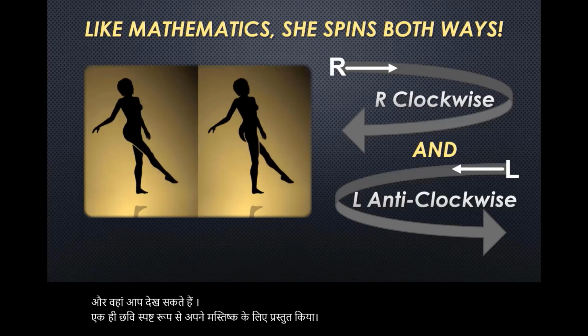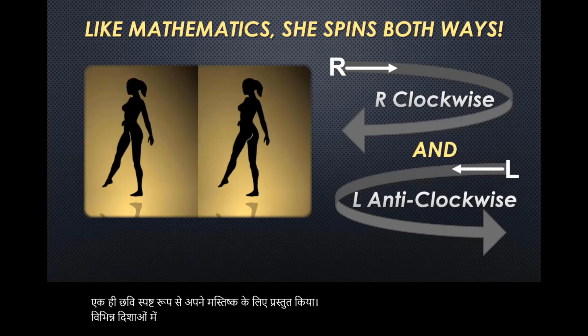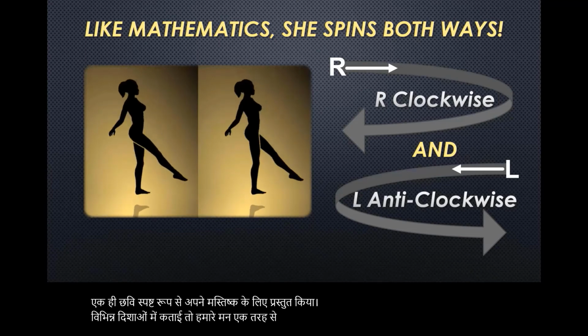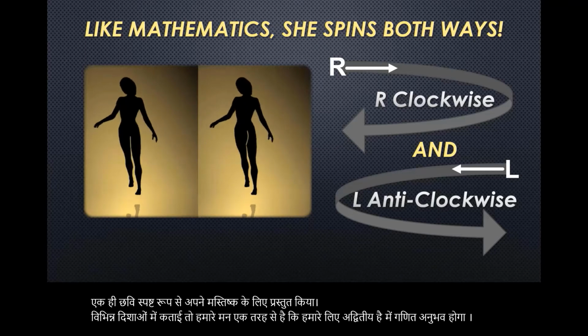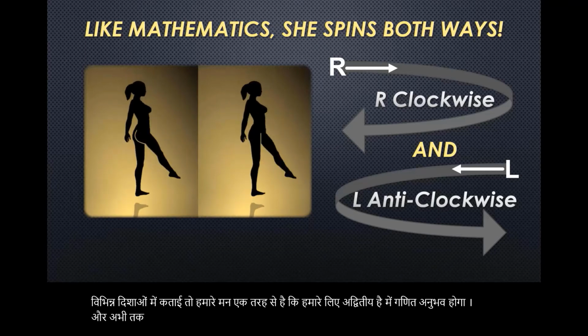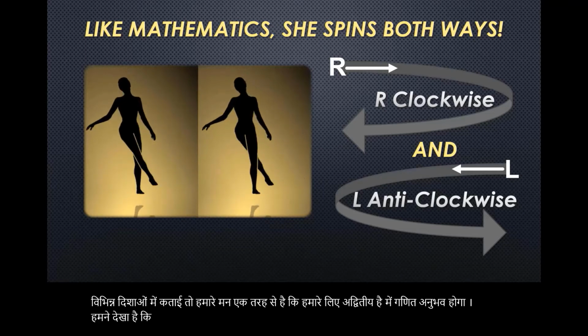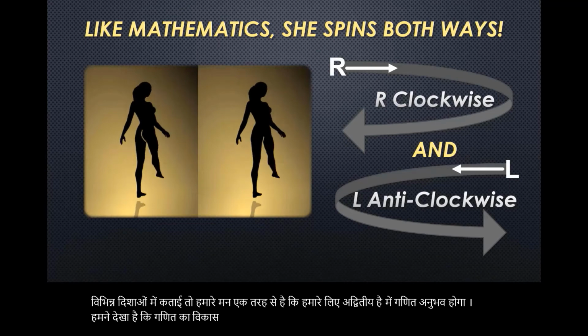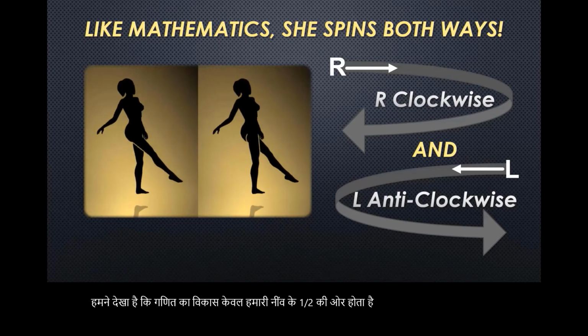So our mind will perceive mathematics in a way that is unique to us. And yet we have seen the evolution of mathematics happen only towards 1/2 of our foundations. That's what happened in the West.